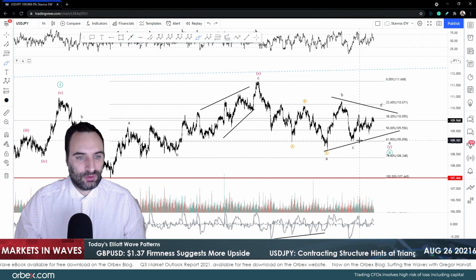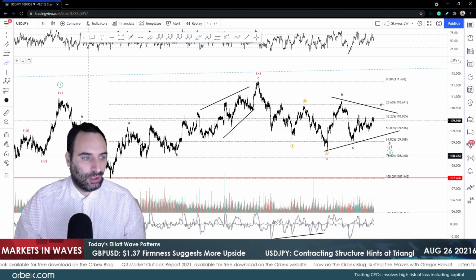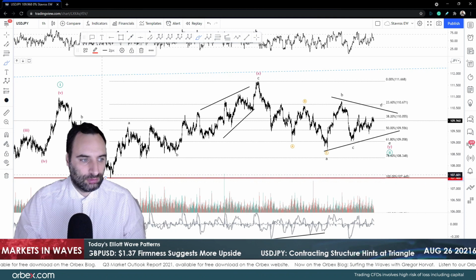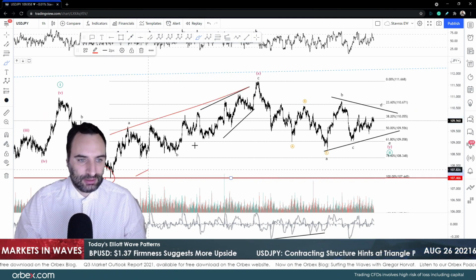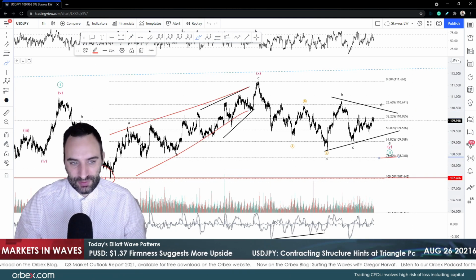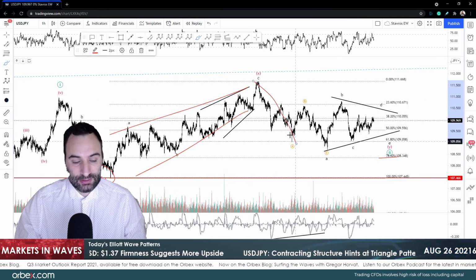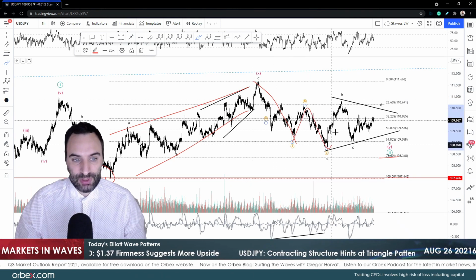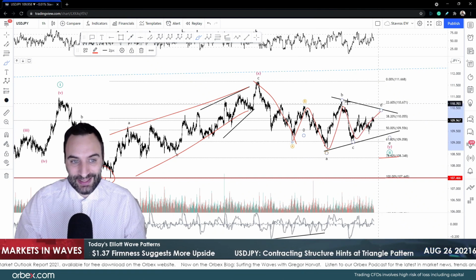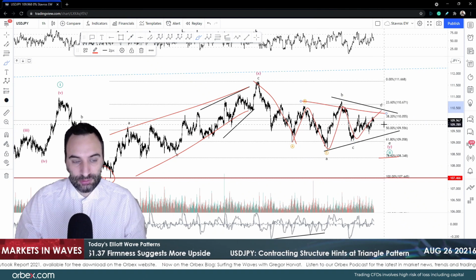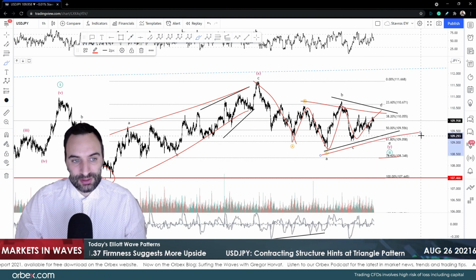The alternative, of course, is that we still ended wave 2 here. This is still a leading diagonal because we didn't even do the 78.6. This is indeed the first wave, this is A, B, C, D, and we're going to get E, still a triangle.